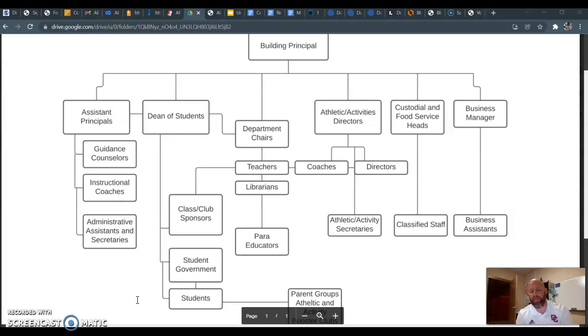Something that I learned from this research and creation of my flowchart is that I had no idea what actually goes into laying all these leadership structures out. It's important to know how your organization functions as a leader, obviously. But when I got to thinking about this, it allowed me to see who people actually answer to.